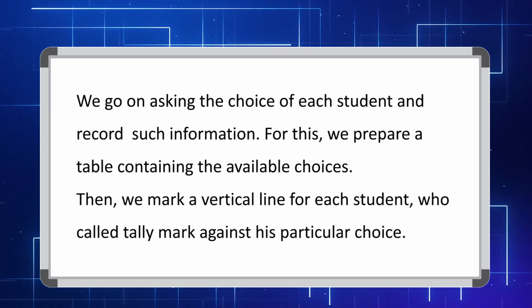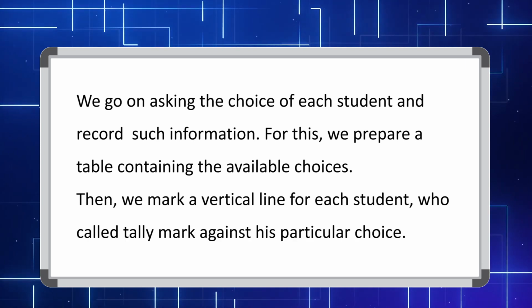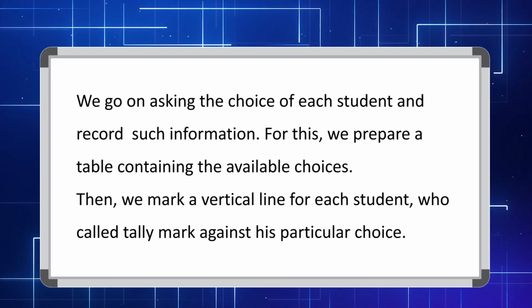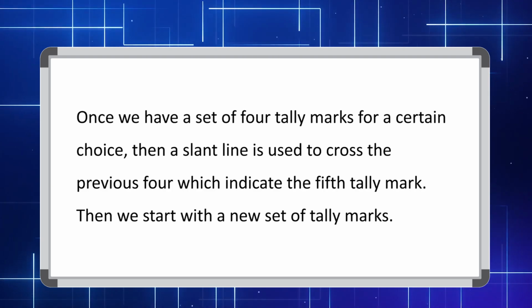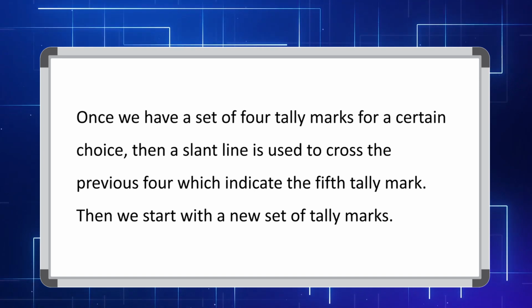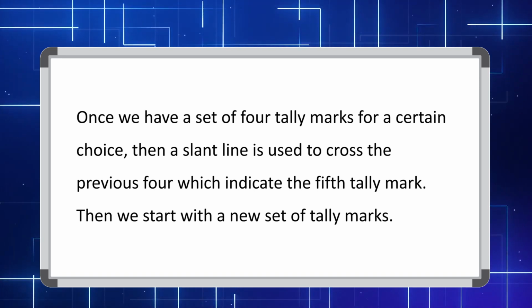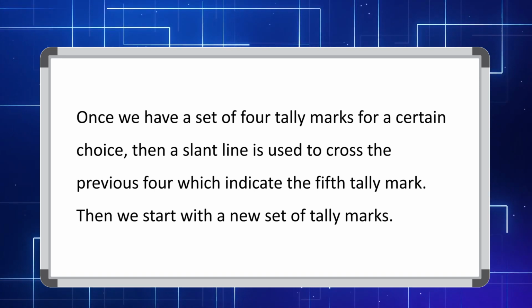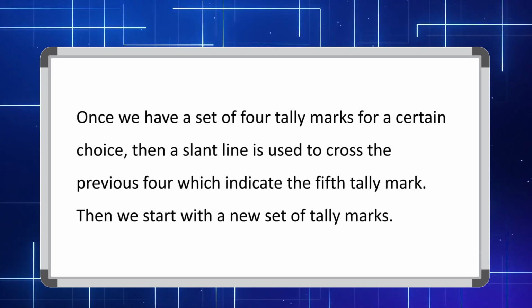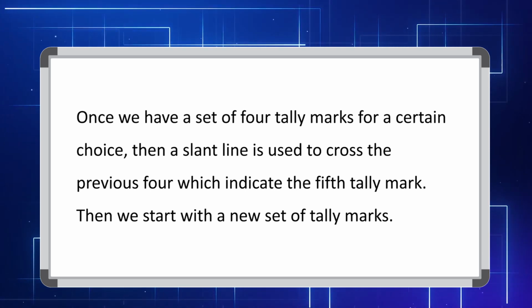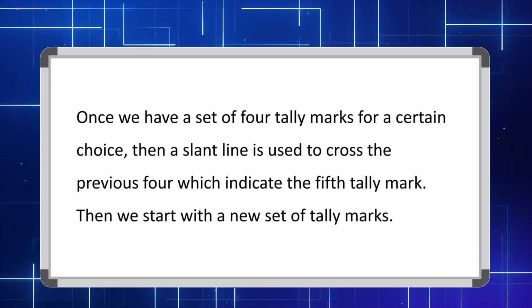Then, we mark a vertical line for each student, called a tally mark, against his particular choice. Once we have a set of 4 tally marks for a certain choice, then a slant line is used to cross the previous 4, which indicates the 5th tally mark. Then we start with a new set of tally marks.